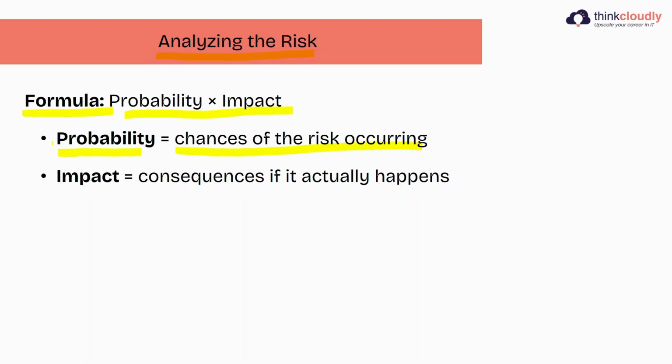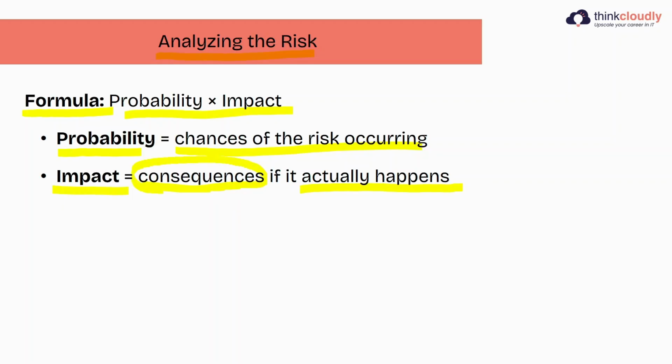It is something which may happen. So there should be a certain probability, the chances of that risk happening. That is what probability is. Multiplied by impact. Impact basically means, if in case that risk actually happens, what are the consequences the company will suffer? That is what impact is.